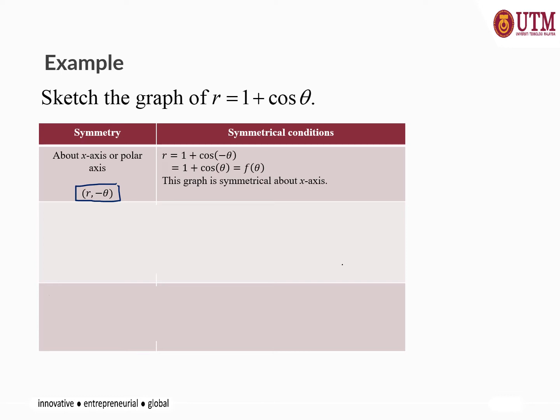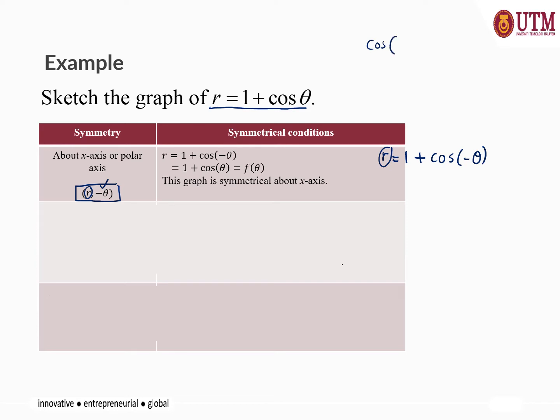So what we can do is substitute r with r into the function and theta with negative theta. So this is the original equation, where r equals, since we're still using r, we just write down r, and then 1 plus cos, where theta is now negative theta.